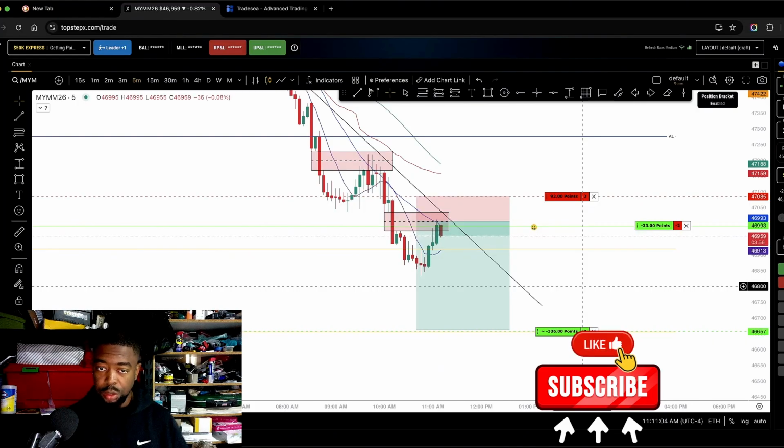It's looking good. I want to see a nice red candle close.